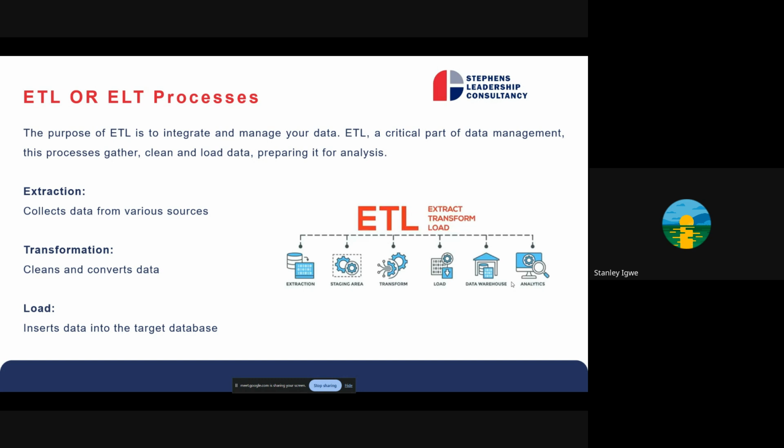So with databases like Snowflake, BigQuery, ClickHouse, you load the data first because they have a lot of storage and compute resources, so they can perform the transformation while the data is loaded. So that helps you in speed.